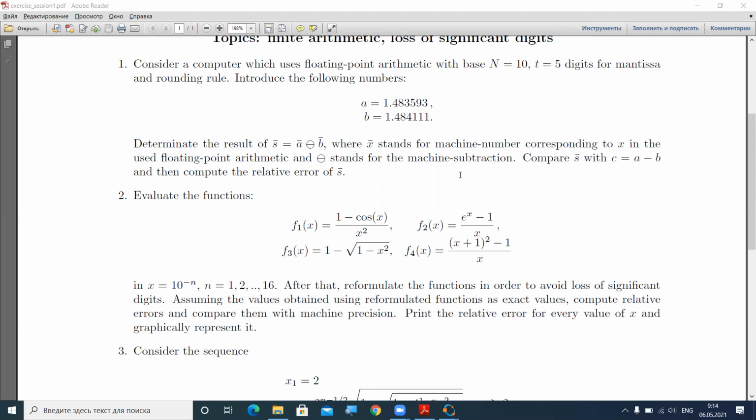So in this case, let me write here, it will be just 1 minus sqrt of 1 minus x squared. So we need to multiply by and divide by the same one, but in the middle we have plus.